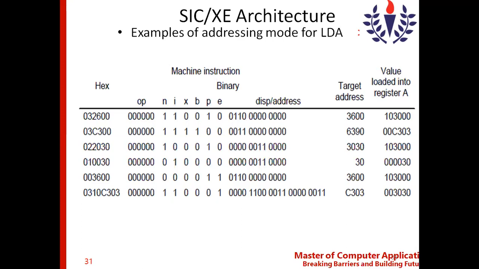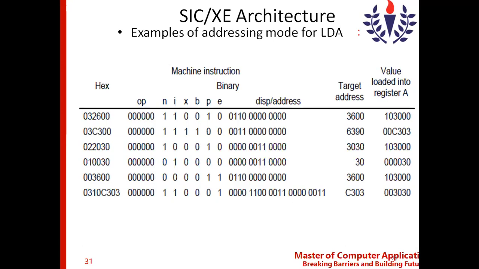As you know already, if n and i are 1 and 1, it is simple addressing. And coming to the e bit, in the last line, e bit has the value 1. If it is 1, then it follows format 4. When it is format 4, it follows direct addressing.